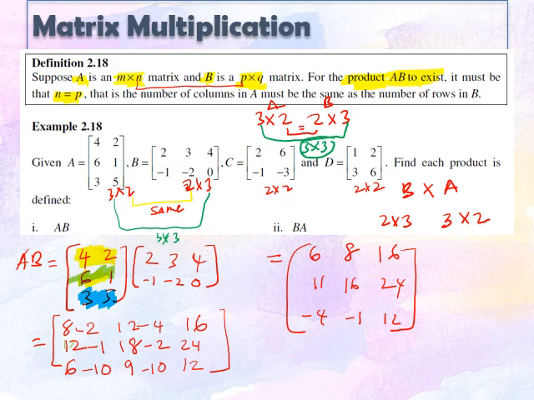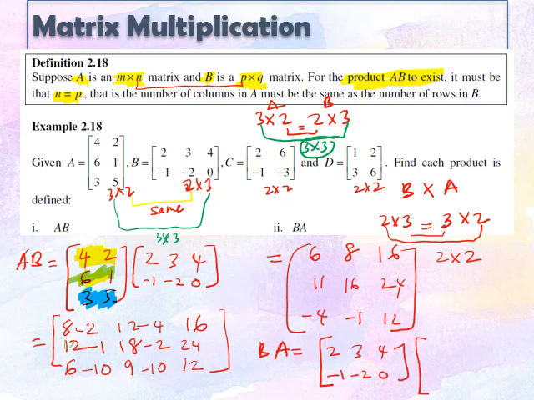So we can perform the operation because the inner orders are the same, and the resulting matrix will be 2 by 2. So BA is equal to [2, 3, 4; -1, -2, 0] multiplied by [4, 2; 6, 3; 2, 1, 5].